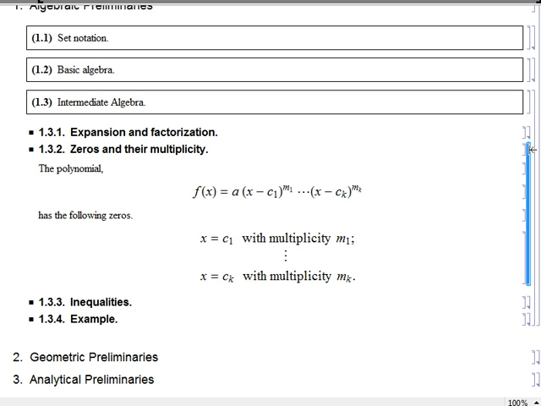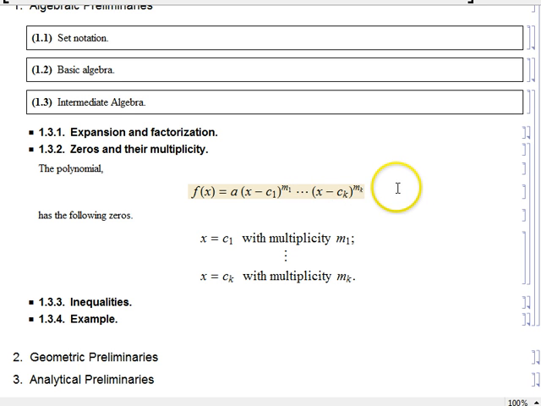If you have a polynomial function completely factored, then you can set this equal to 0. Then what do you get? You get first factor equal to 0, second factor equal to 0, all the way up to kth factor equal to 0, because there's no way we can get 0 by multiplying a bunch of non-zero numbers.